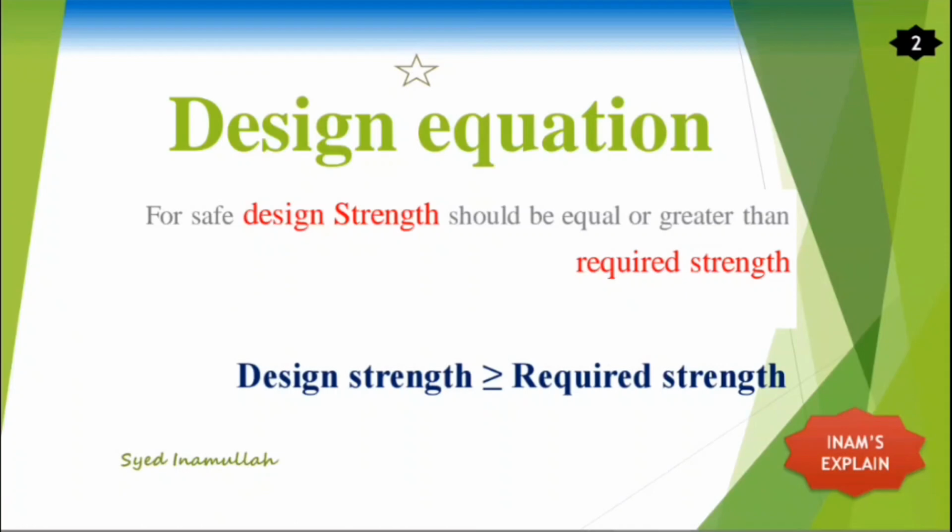The basic design philosophies also cover using different load factors and strength reduction factors. The main purpose is that the design strength should be greater than or equal to the required strength.